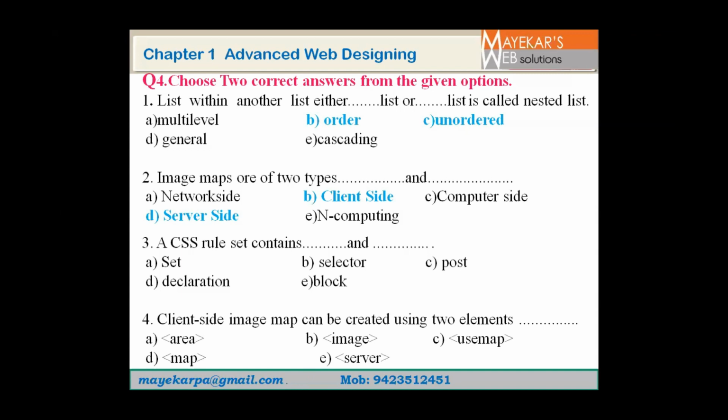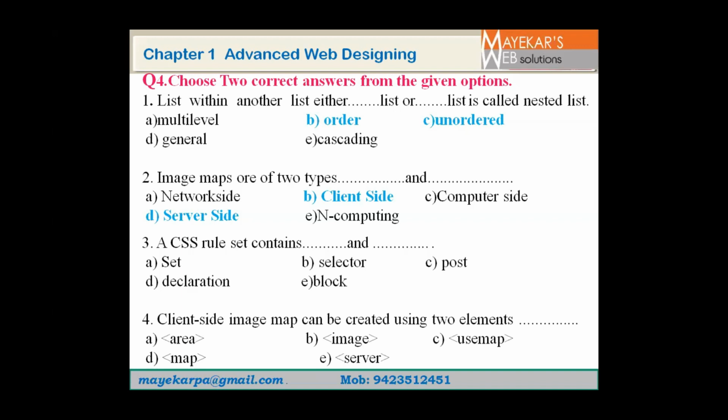Question number 3. A CSS rule set contains dash dash and dash dash. CSS rules mean how we can write a style. Okay, so what is the format or what is the protocol to write the CSS style? We are writing the CSS by combining two elements, that is a selector and declaration.